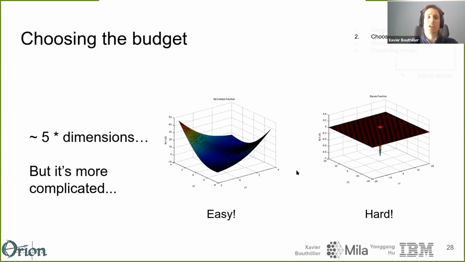So that's why I'm saying 5 times the number of dimensions is a good starting point. And then you should look at your results and then decide whether you should run more trials or if it's good enough. And obviously, if you have a lot of resources, you don't need to make this stopping point and evaluate and continue on. But if you don't have a lot of resources, it's good to make this step and then decide if you continue on or not.